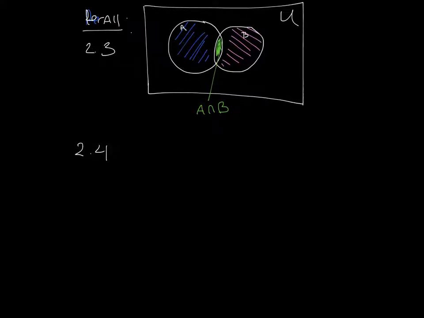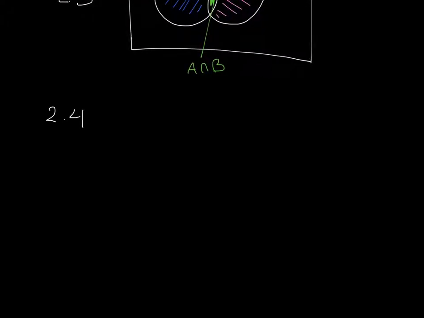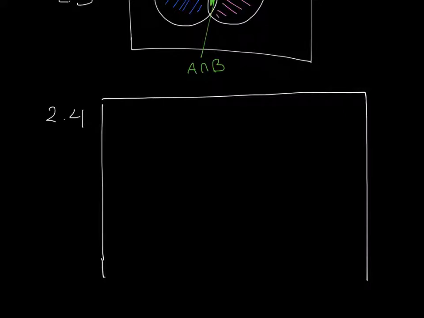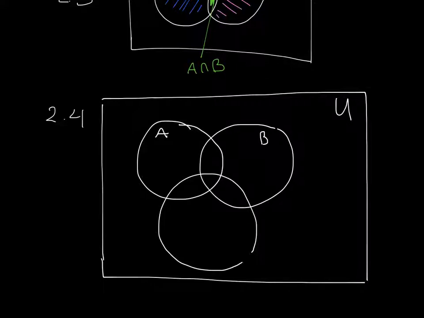So here again, 4 regions, and let me make this a little bit bigger. Okay, so I have my universal set. There's my U. And now I'm going to have set A, set B, and set C. And again, the circles don't have the same area, unless the sets are exactly the same.